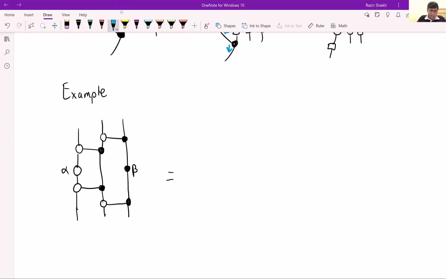First, I see that there are 3 Z spiders that are connected over here. I can fuse them together and all the angles should add up. So I will get one spider, again labeled alpha, and now it has 2 legs, like this.